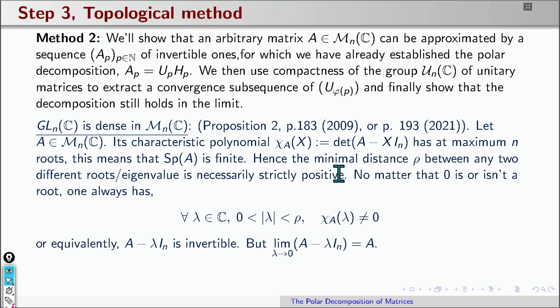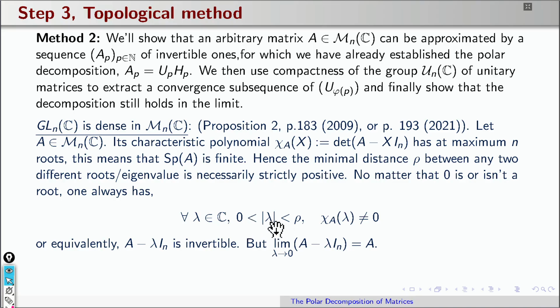So you have a minimal distance between any pair of eigenvalues. In particular, you have a minimal distance, which is strictly positive, between 0 and any of the other eigenvalues, 0 excluded.